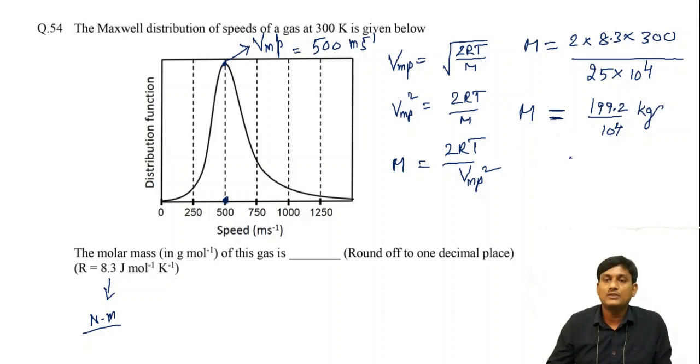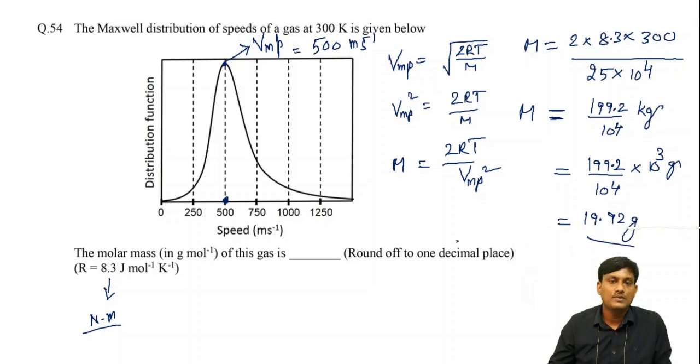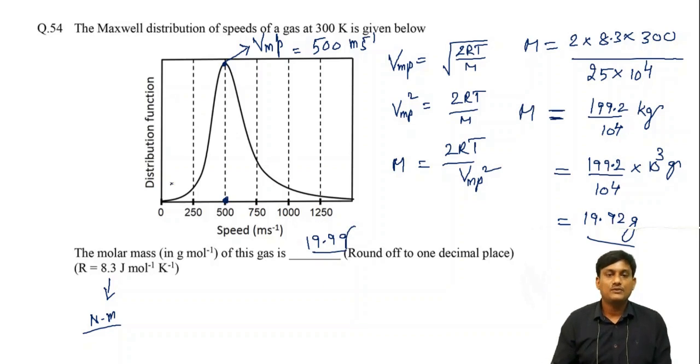When you convert it into grams, you have to multiply with 10 cube. So you will get 19.92 grams. To one decimal place it will be 19.9 grams. What is the M value here? The M value is 19.9 grams.